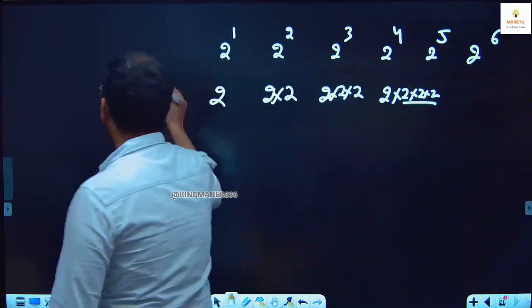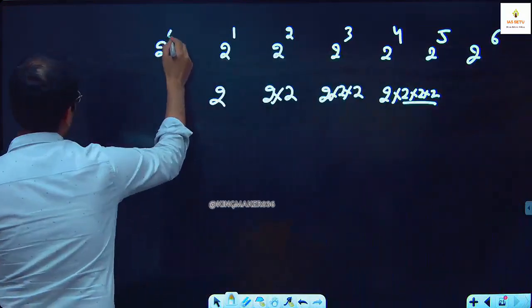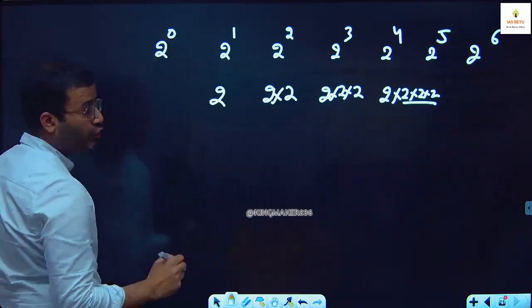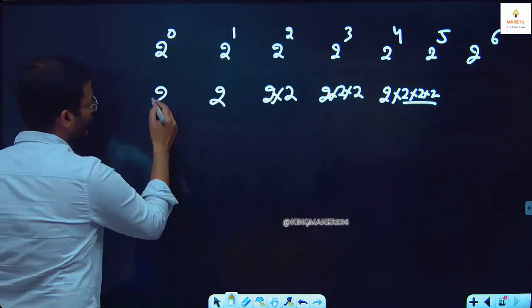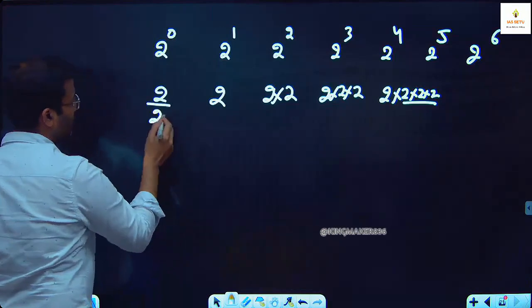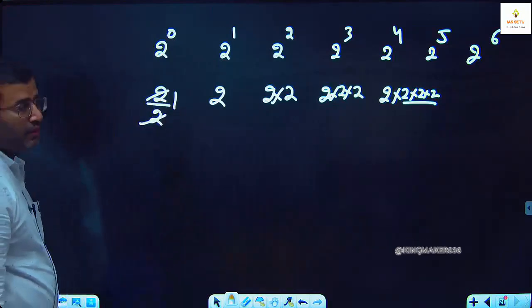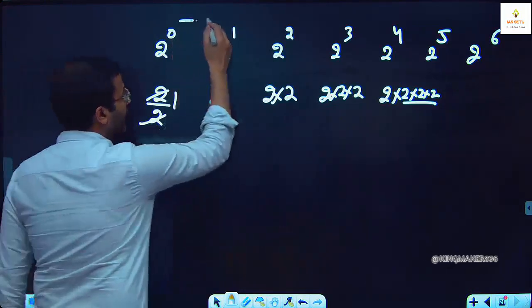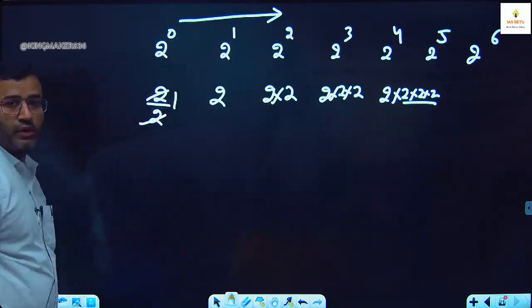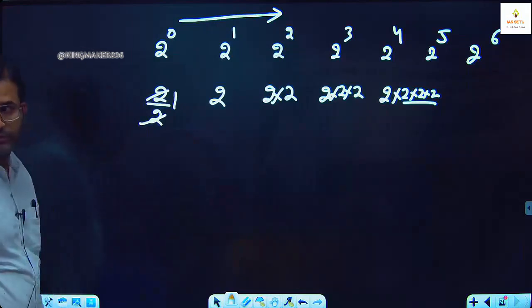See here, what is 2^0? 2^0 is actually 2 upon 2, which is 1. If you move to the right side, you have to multiply with 2.